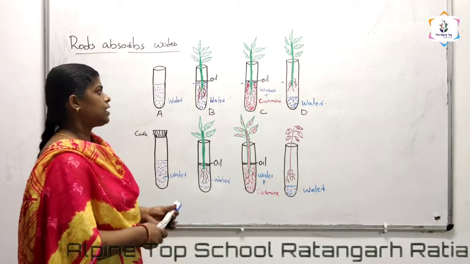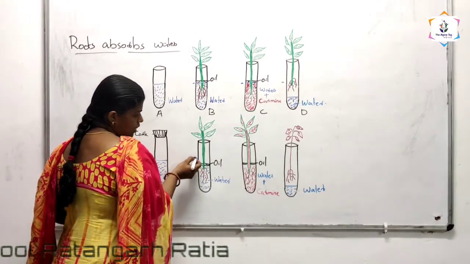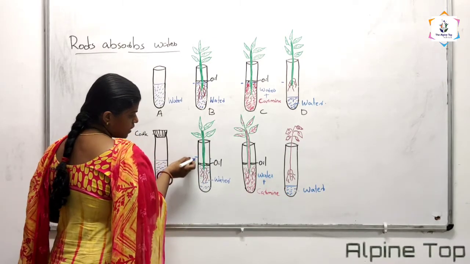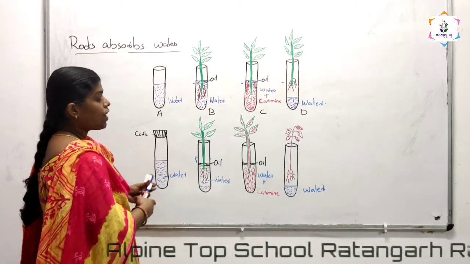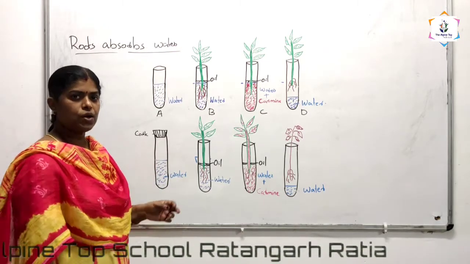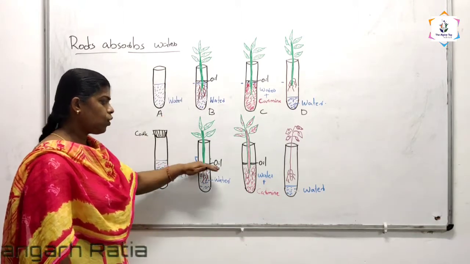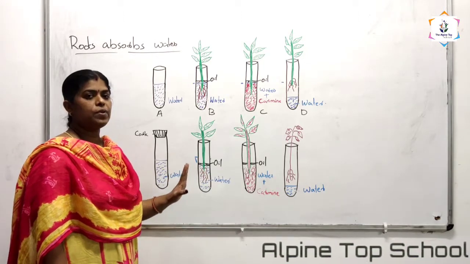And what about B? In B you can see that there will be a decrease in the level of water. Firstly it was up to this and it has decreased this much. Why is it decreasing? It is surely not because of evaporation, because we have added oil and the oil layer is above the water level, so evaporation will not take place.